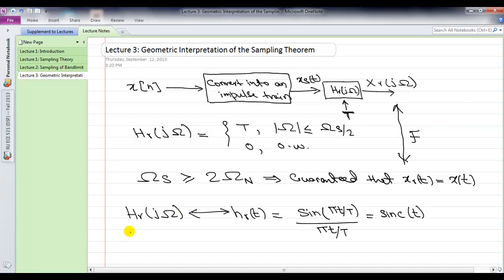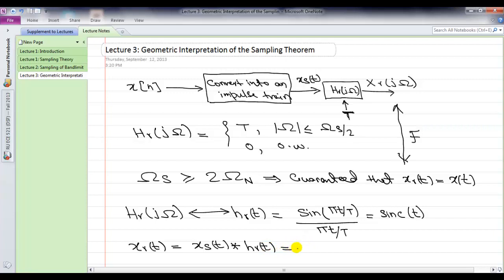Which means xr(t), the output of our reconstruction, is simply given by the convolution. Since this is a filter, at the input of the filter we have xs(t), at the output we have xr(t). So the output is simply the convolution between the input and the impulse response, hr(t).